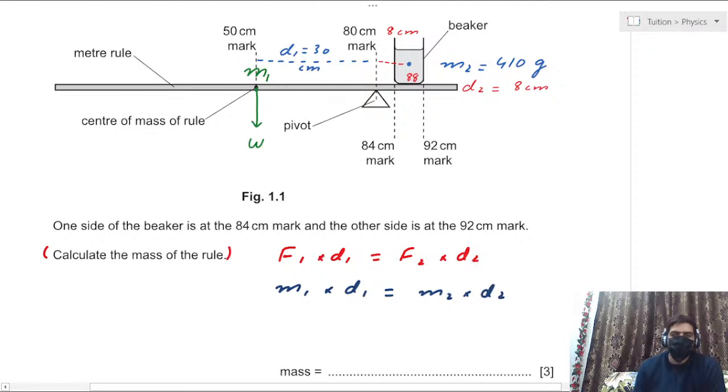How can you write in terms of mass? Because force in that case equals weight, and weight further equals mg. So it would be m1g on left side, m2g on right side. Then g from the left side and g from the right side would be cancelled out, and you can eventually write the formula m1 into d1 equals m2 into d2.